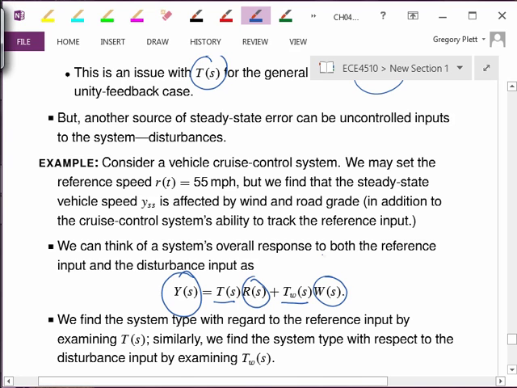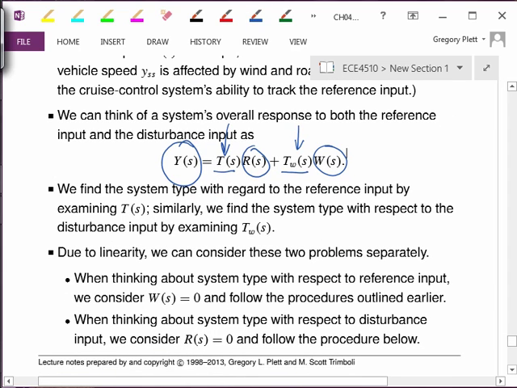So we find the system type with regard to the reference input by looking at the transfer function that connects the reference input to Y. And in a similar kind of way, we find the system type with respect to the disturbance input by looking at the transfer function that connects it to Y, which is TW of S. So TW of S in general is different from T of S, and we need to be careful to consider them both separately.